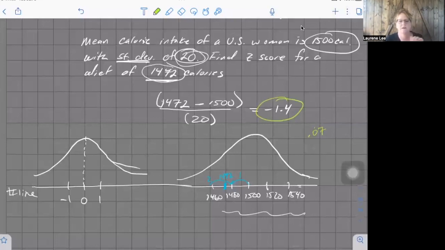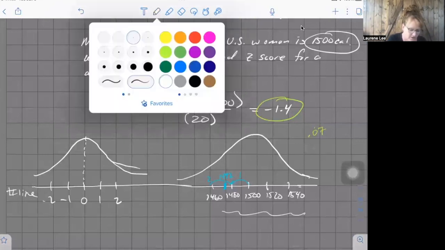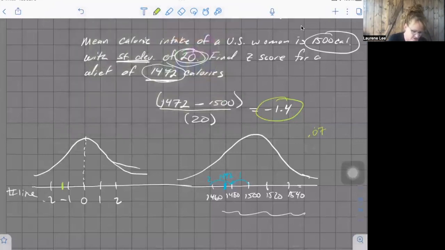Let's put this on our new number scale. If this is -2 and this is 2, where's -1.4? It's right about here. Now look at where it is in relation. It's the same distance away from the middle. Here's 0, our new mean. This is 1 standard deviation away, and this is 2 standard deviations away, right? So it's 1 and a little bit.